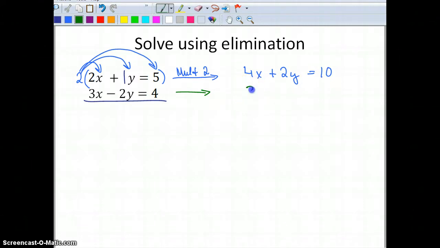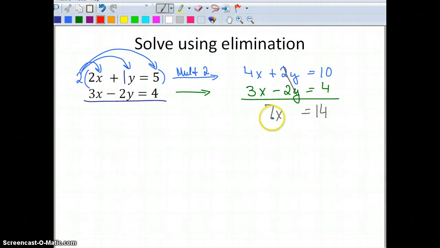It's going to stay the same. So I'm going to have 3x minus 2y is equal to 4. Well, 4x and 3x, that's going to give me 7x. Positive 2y minus 2y, that adds up to 0. 10 and 4 give me 14. Divide each side by 7. So I have x is equal to 2.